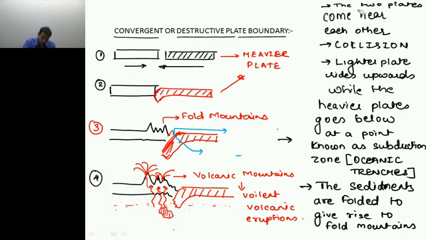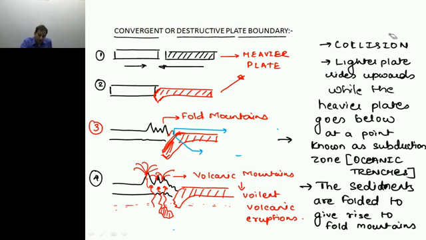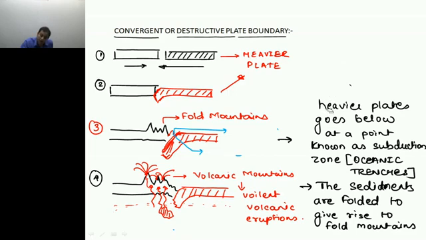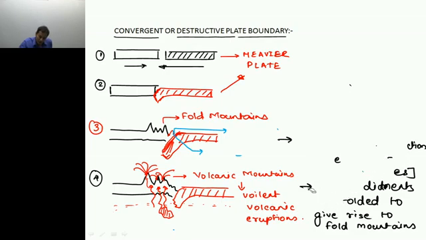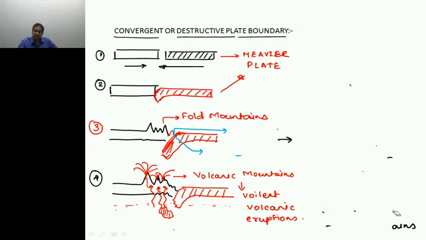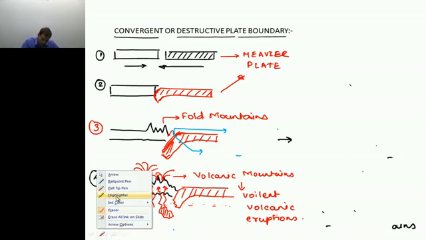Now, due to the going down of the heavier plate, after going down it is destroyed into the mantle, and because of the destruction, the fumes rise upwards, and they are also associated with volcanic eruption.